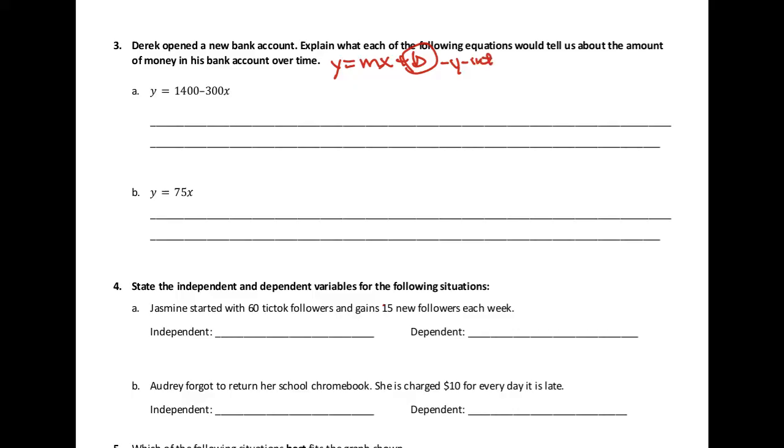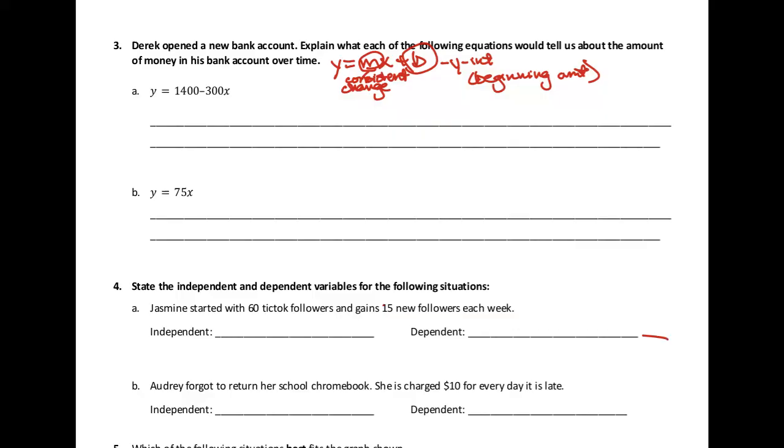And because it's your y-intercept, that's where x is equal to 0. That's usually your beginning amount, right? And the slope is going to be the consistent change of the account.